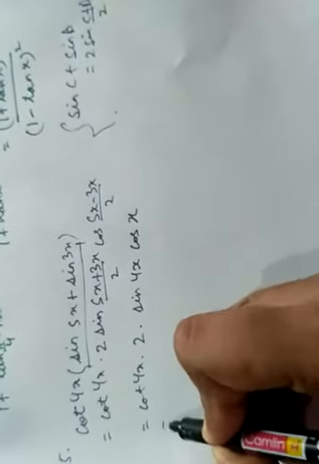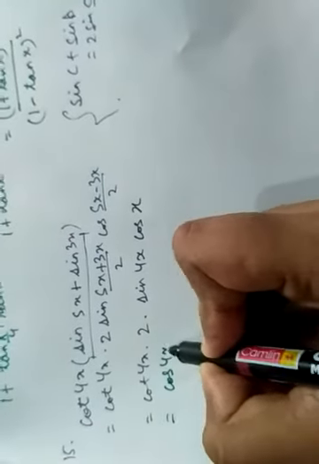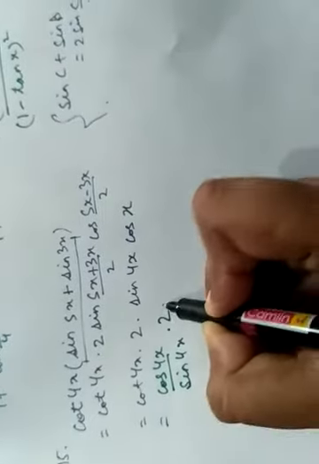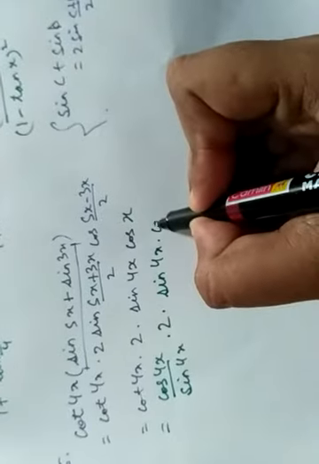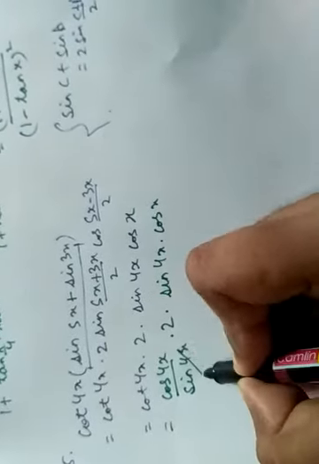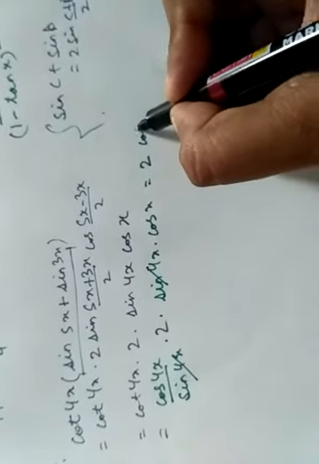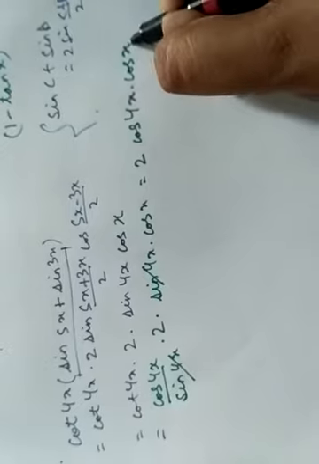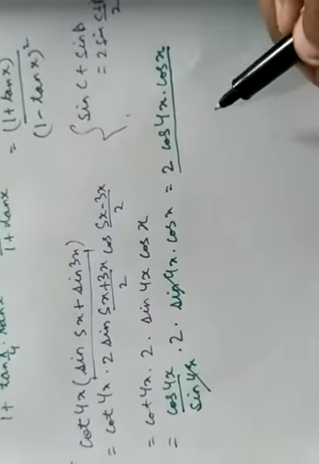Now we can write cot 4x as cos 4x upon sine 4x into 2 into sine 4x into cos x. Now sine 4x and sine 4x will be cancelled and we will have 2 cos 4x into cos x. This is the simplified form of LHS.